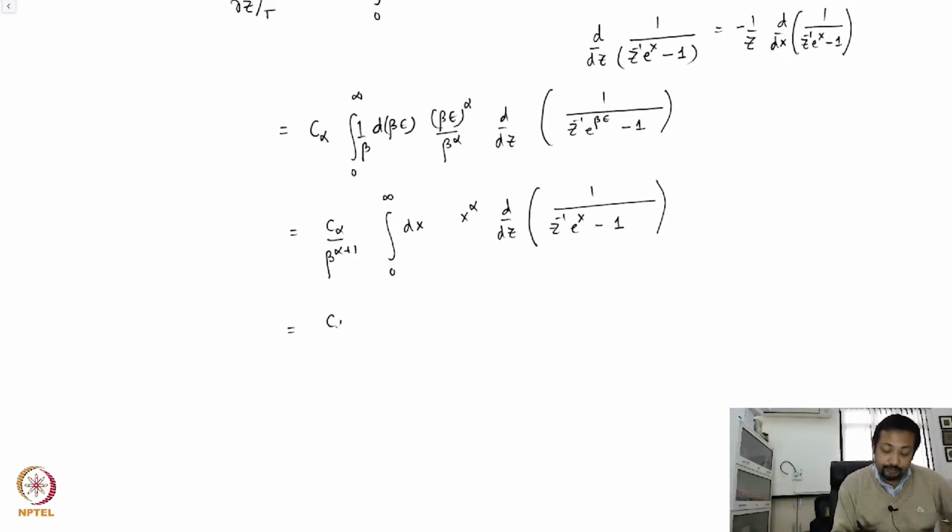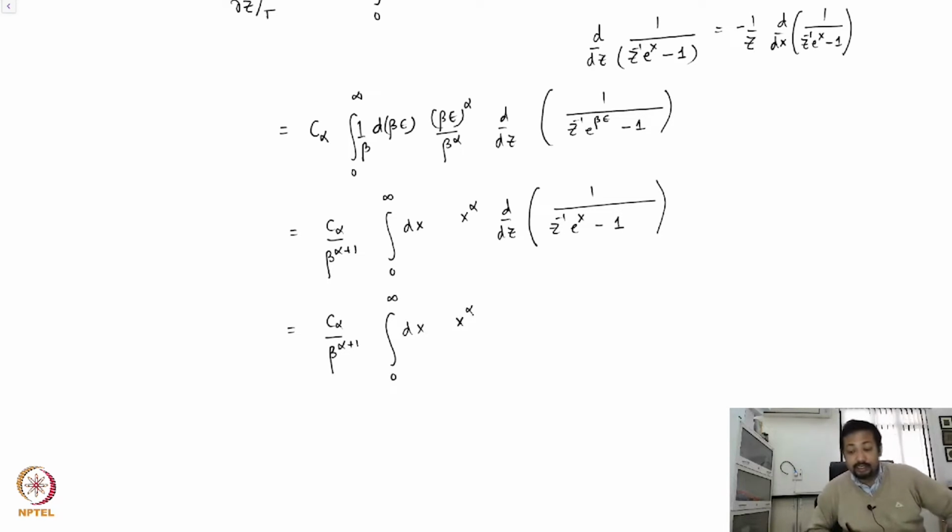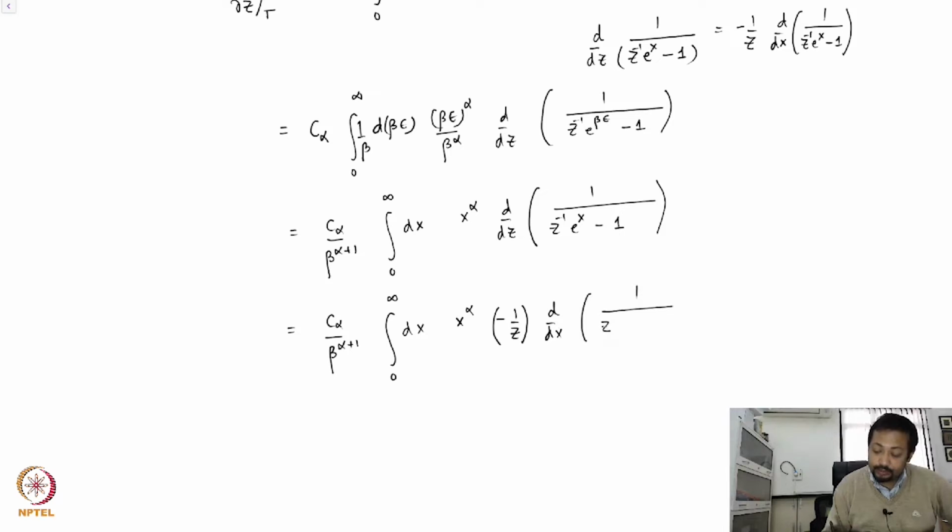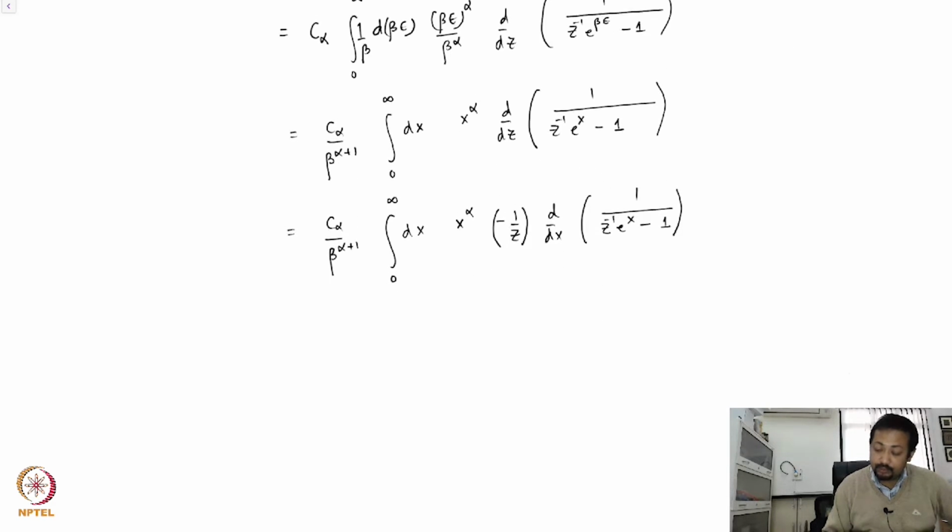So that I have C alpha beta raised to the power alpha plus 1, 0 to infinity dx x to the power alpha, and d dz is minus 1 over z d dx of 1 over z inverse e to the power x minus 1.